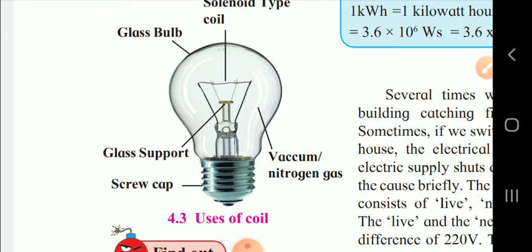In home, whatever electrical connection we are having consists of live wire, neutral wire, and earthing. Three wires are there. The live and neutral wires have the potential difference of 220 volts. So this point you have to underline.